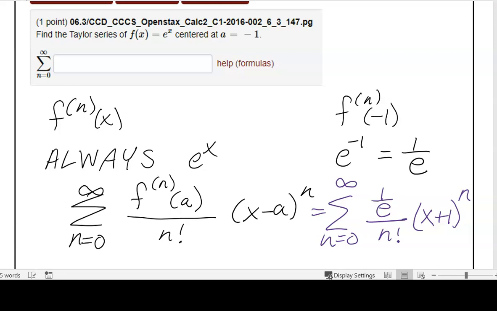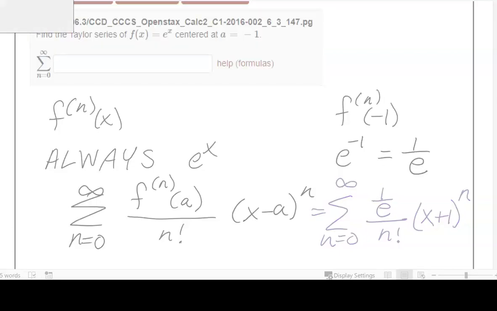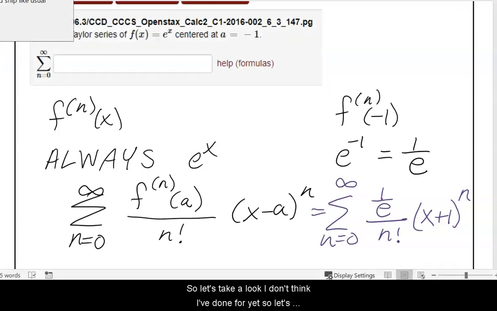Ah, there it is. Okay, it's number 4. So let's take a look. I don't think I've done 4 yet. So let's take a look at 4 and compare it to the one we just did so that you can see how it's different.